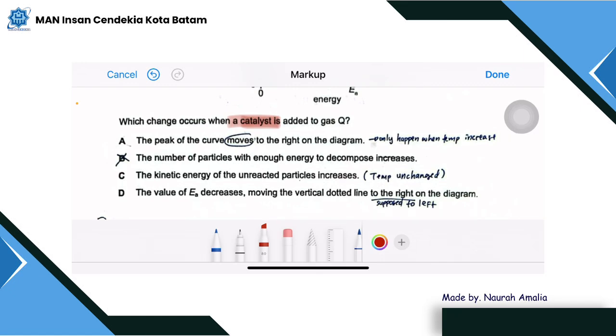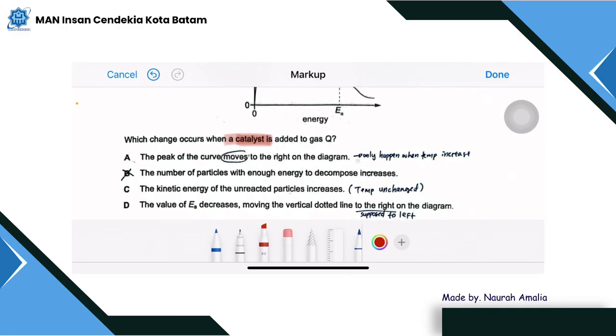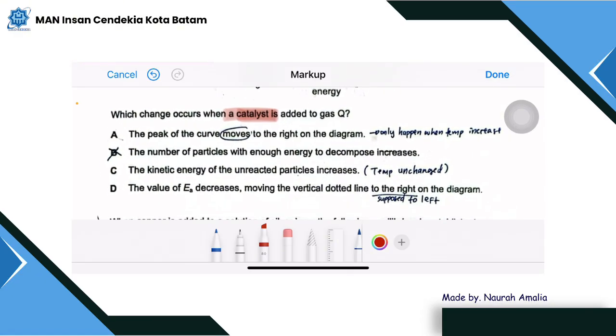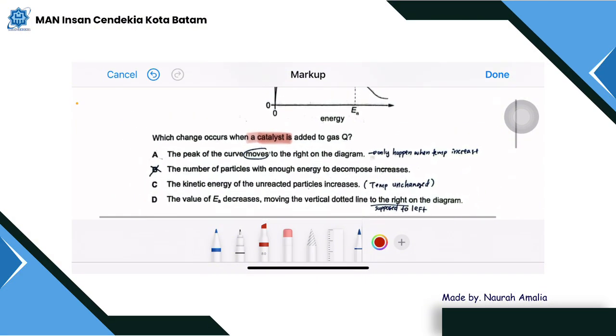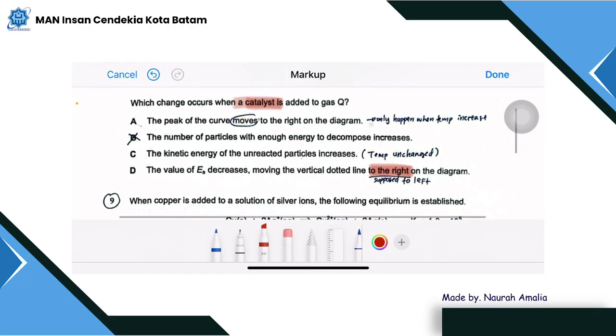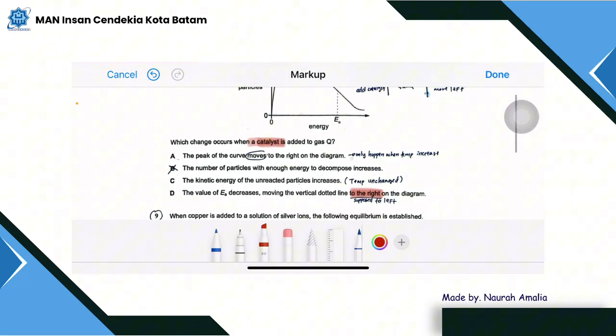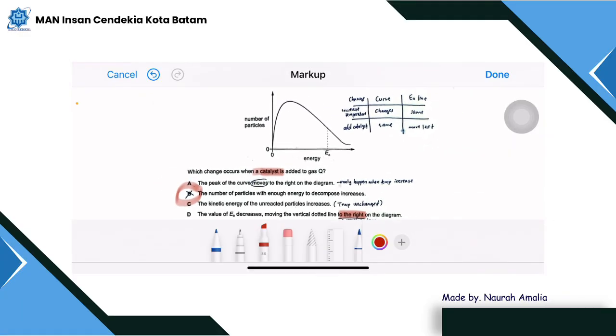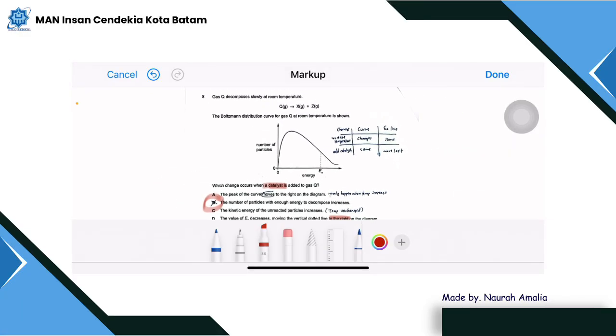For option D, the value of activation energy with catalyst decreases, moving the vertical dotted line to the right on the diagram. The option D is to the right, it's supposed to be to the left. So the correct answer is B from question number 8.